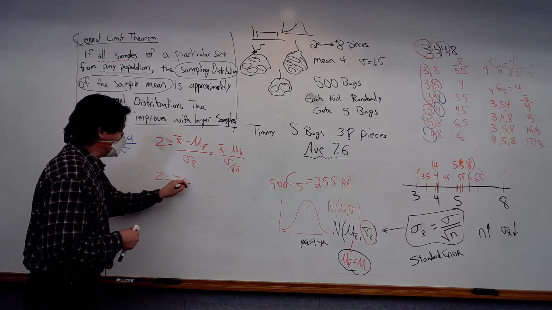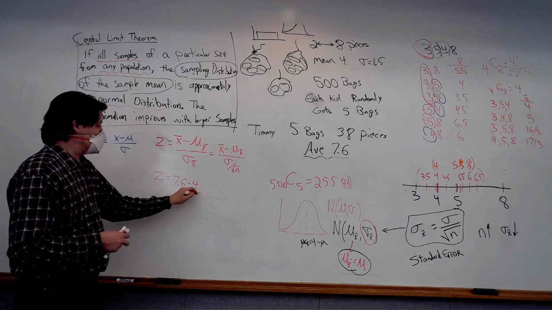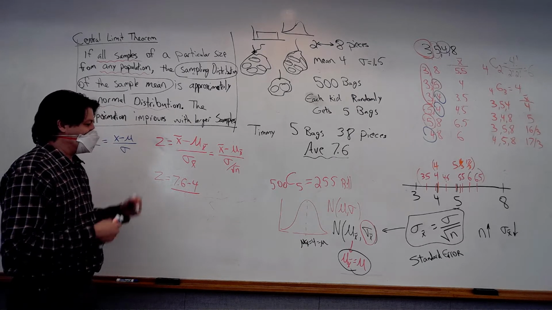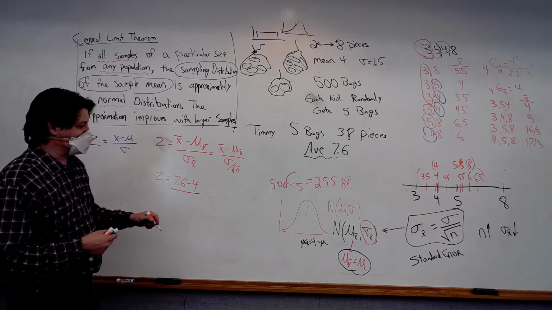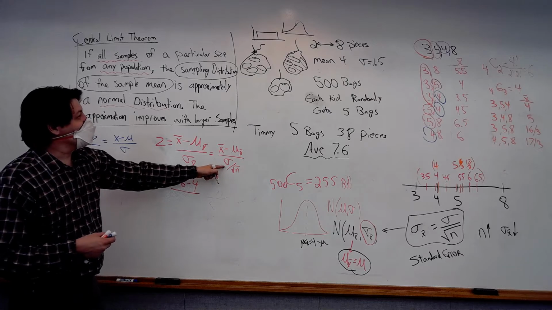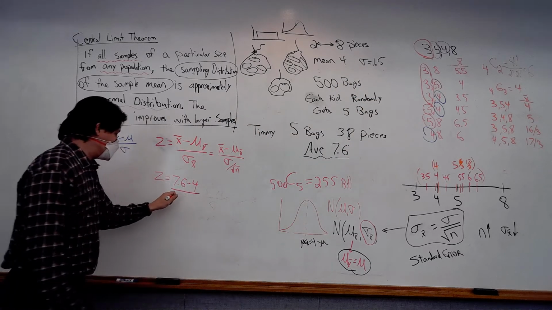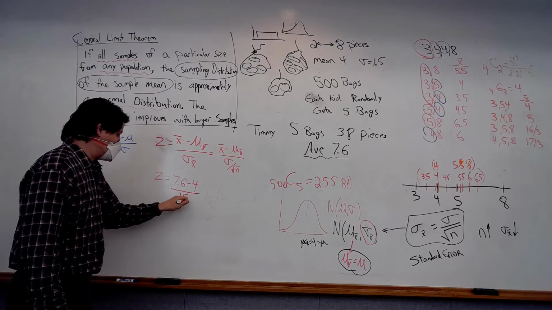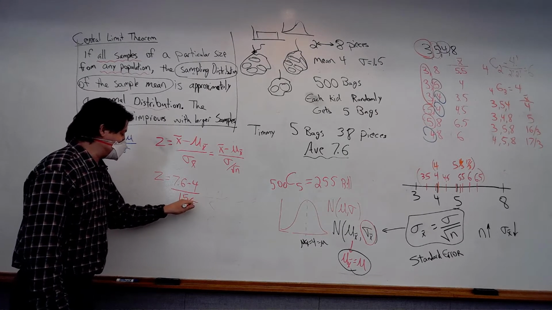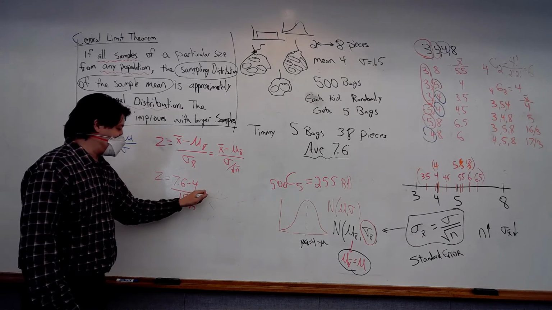7.6 minus 4, divided by, so we haven't fully done this equation yet, so let's do it in this form. We know the standard deviation was 1.5, and we know our sample size is 5. So square root of 5.